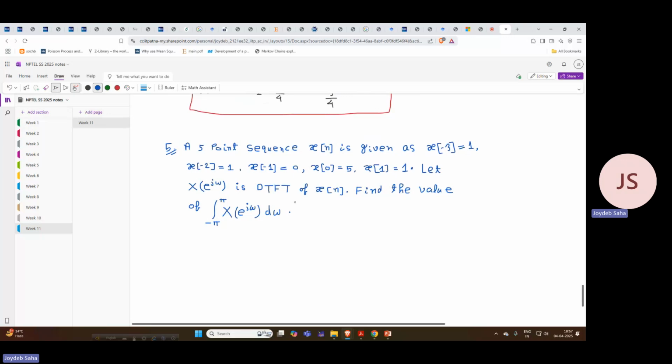A 5-point sequence xn is given as x of minus 3 is equal to 1, x of minus 2 is equal to 1, x of minus 1 is equal to 0, x of 0 is 5, and x of 1 is 1, and capital X of e to the power j omega is the DTFT of small x. Find the value of the integral from minus pi to pi of X of e to the power j omega d omega.